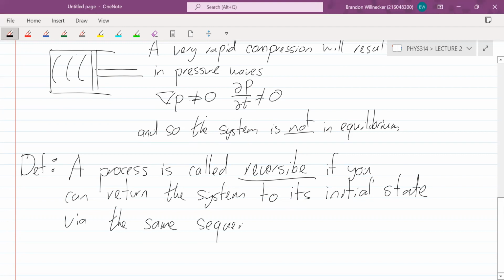Again, the previous lecturer has series written; that should be sequence.